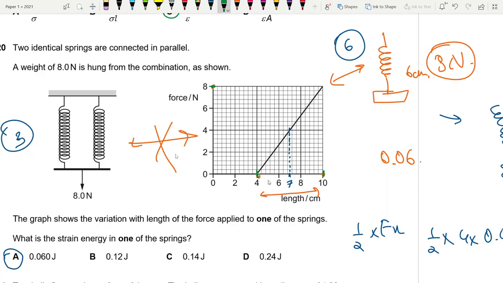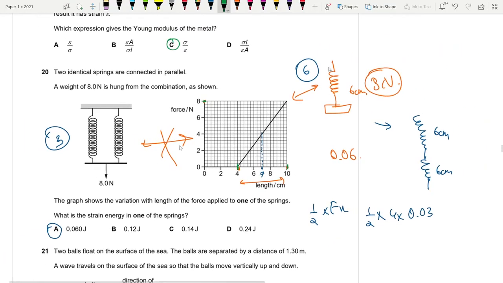So what actually happened to the extension if we apply the 8 Newton force to one spring? It goes from 4 to 10 cm. So the extension is actually 6 centimeters. Okay, that's for one spring.